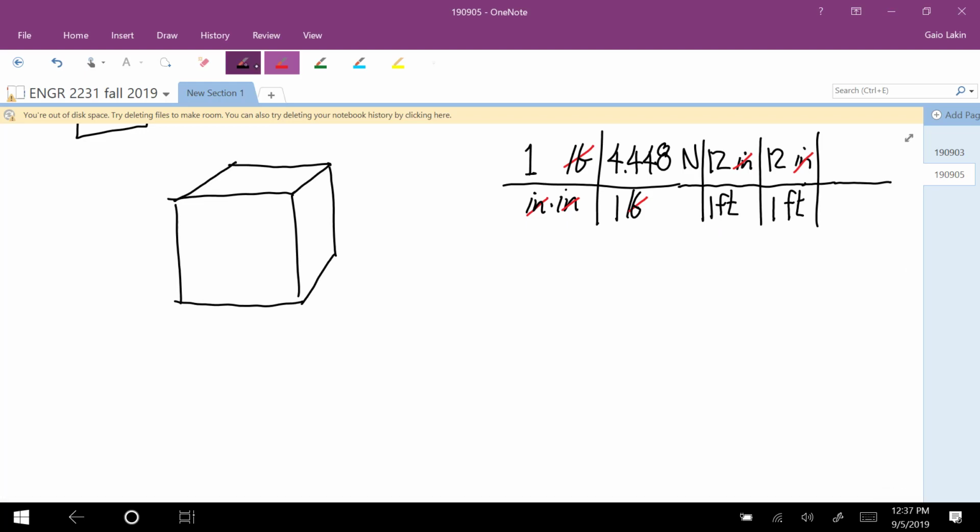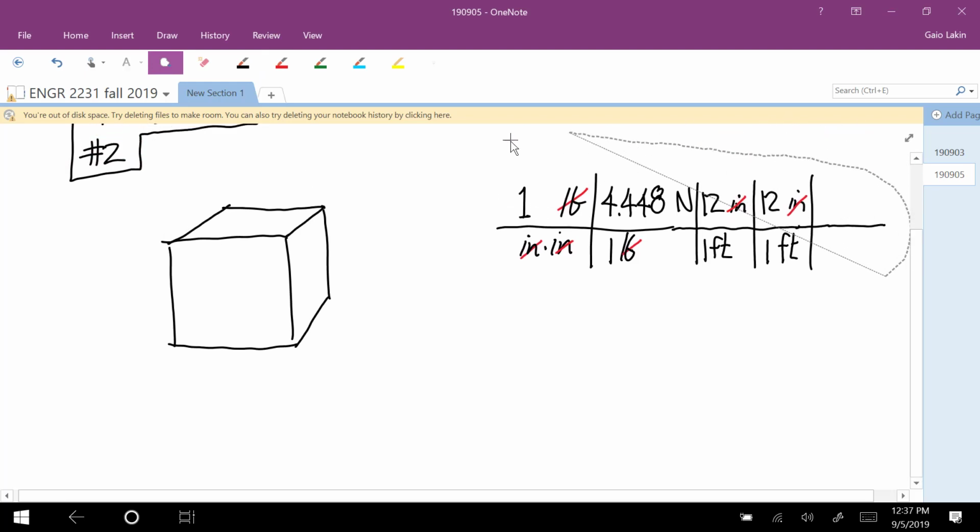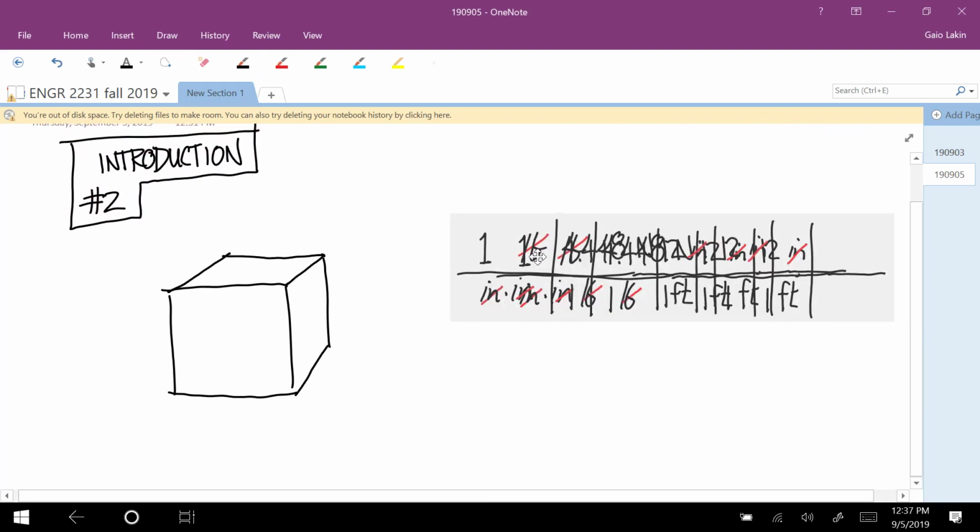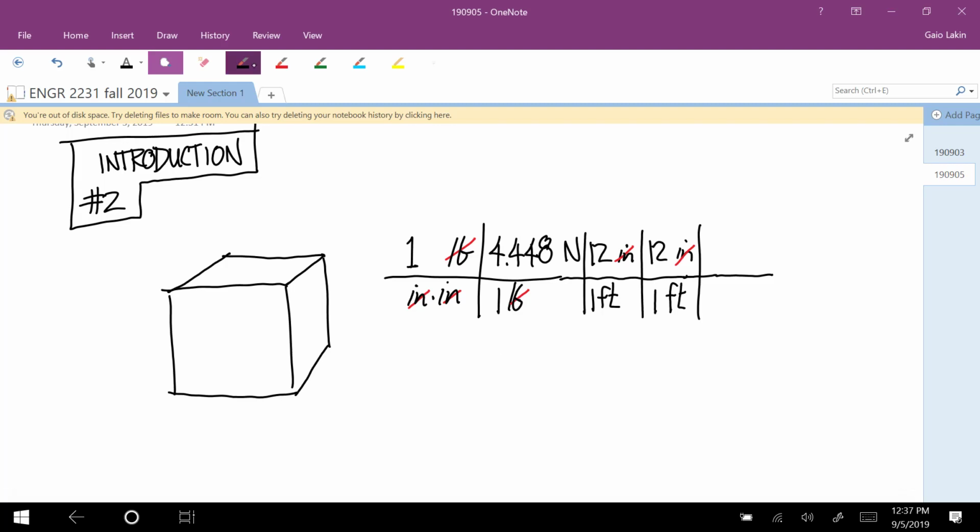We don't want that, but I went this direction because I happen to know how many feet there are in a meter. So 1 meter is 3.281 feet.